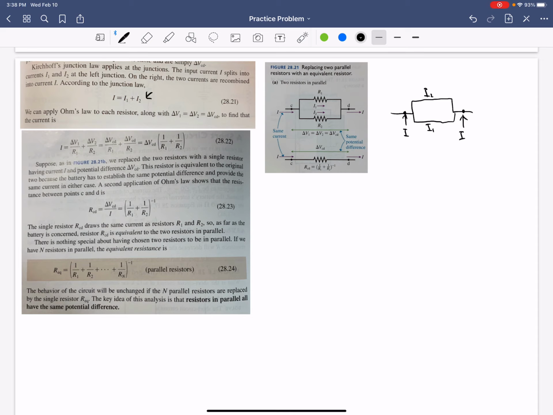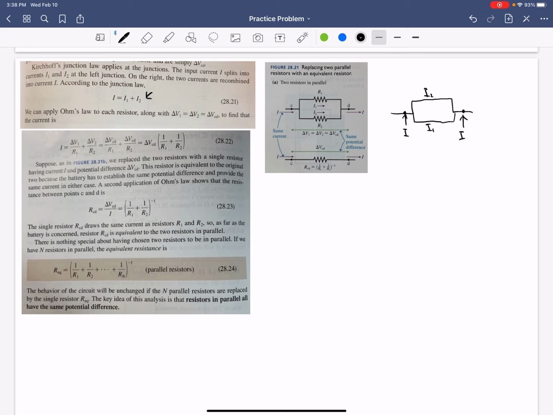We can apply Ohm's law to each resistor, along with delta V1 equals delta V2 equals delta VCD, to find the current. So let's look at this figure 28.21 first. We know that the voltage, the potential difference, is the same in different branches in a parallel circuit.